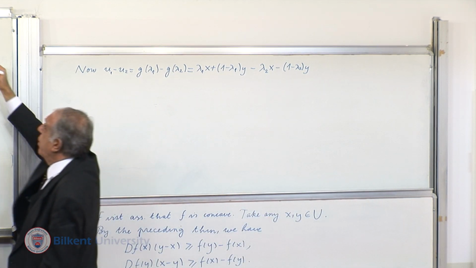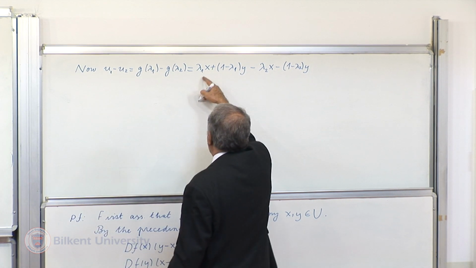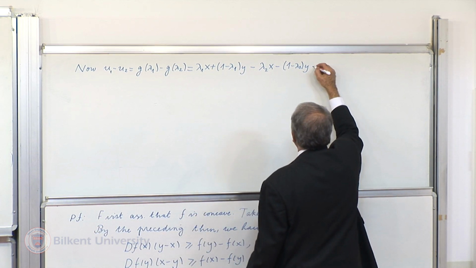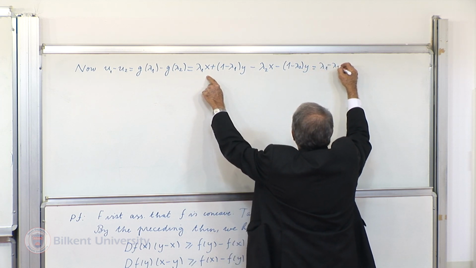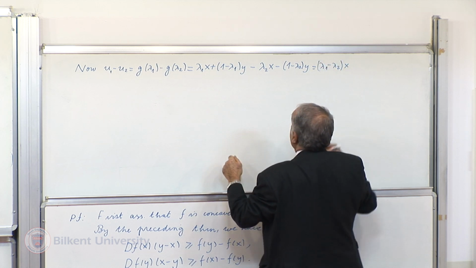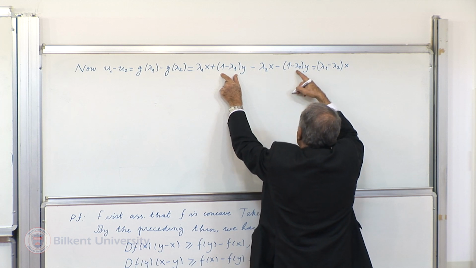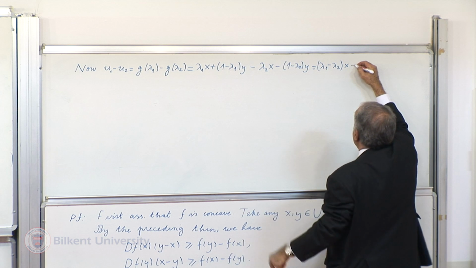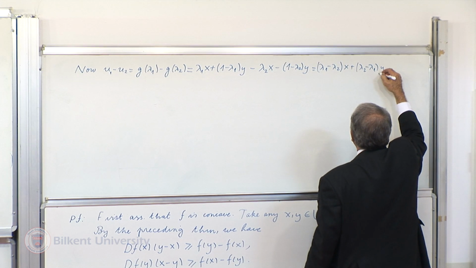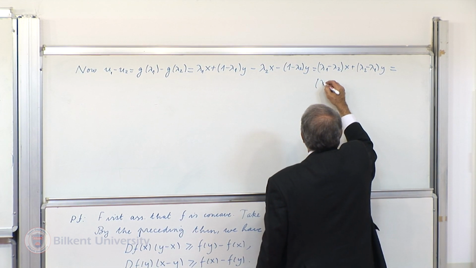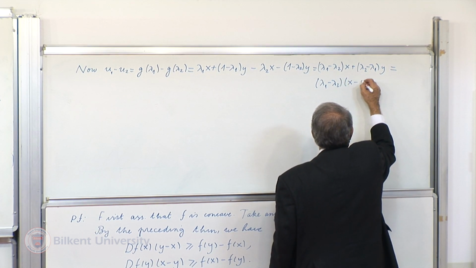So you have 2 points on here. But this is equal to x times lambda 1 minus lambda 2. Then here, this is 1 minus lambda 1, this is minus 1 minus lambda 1, so plus lambda 2 minus lambda 1 times y. But that's equal to lambda 1 minus lambda 2 times x minus y.